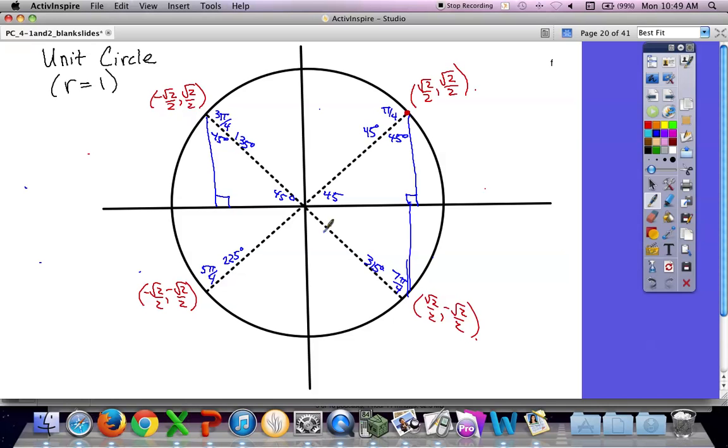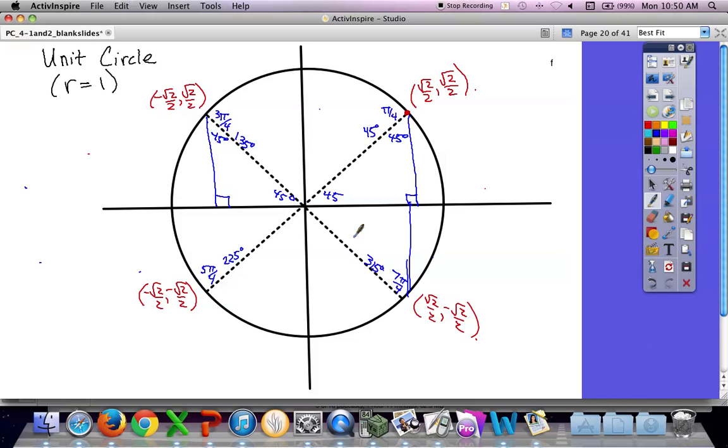Just keep adding multiples of 45 till you go all the way around the circle. It should be 360. In the same way, halfway between 0 and pi over 2 is pi over 4. So this is 1 pi over 4, 2 pi over 4, 3 pi over 4, 4 pi over 4, 5 pi over 4, 6 pi over 4, 7 pi over 4, 8 pi over 4, which is 2 pi.